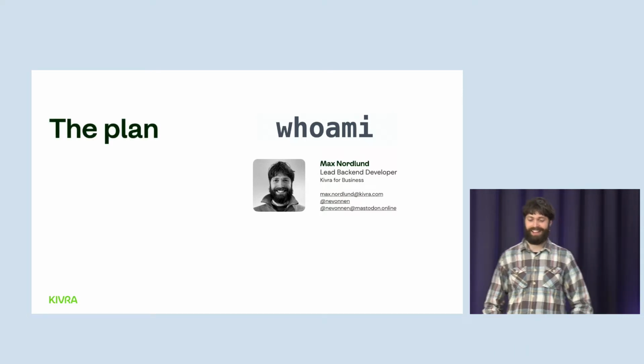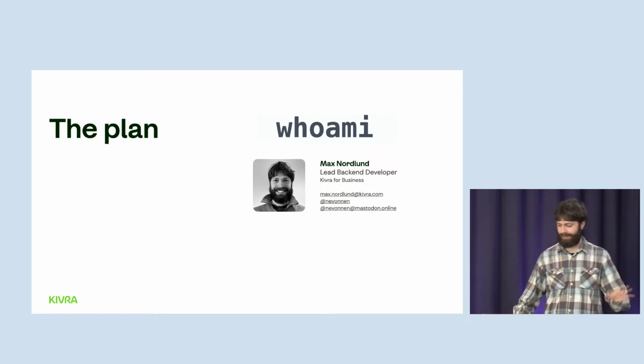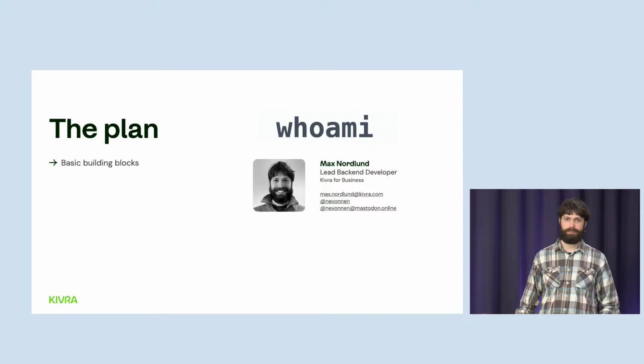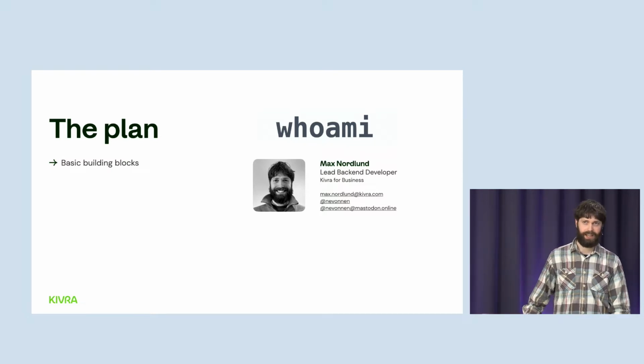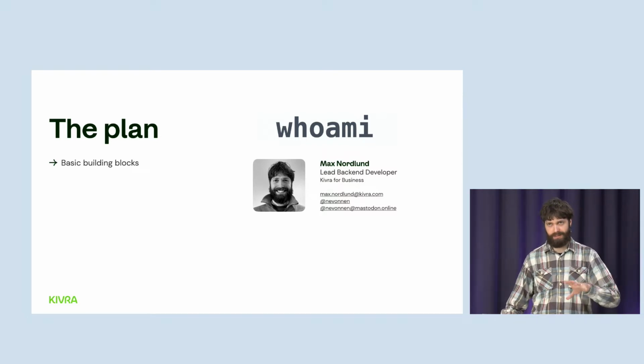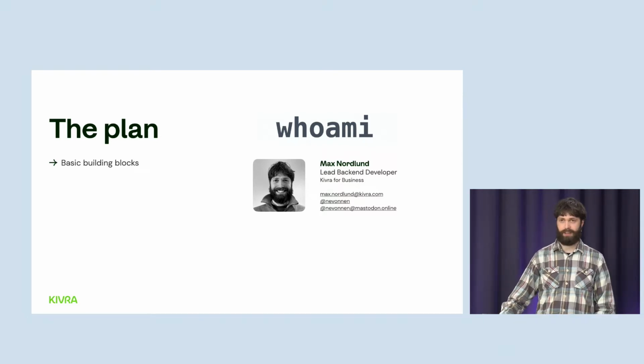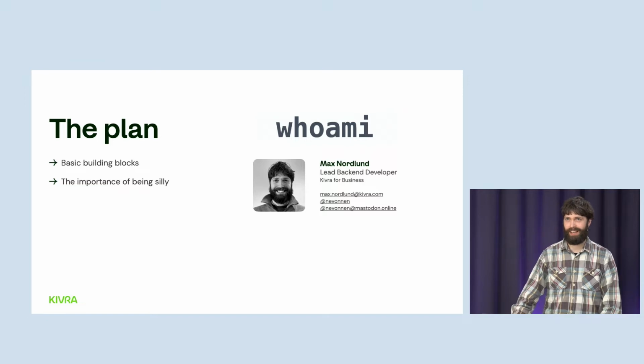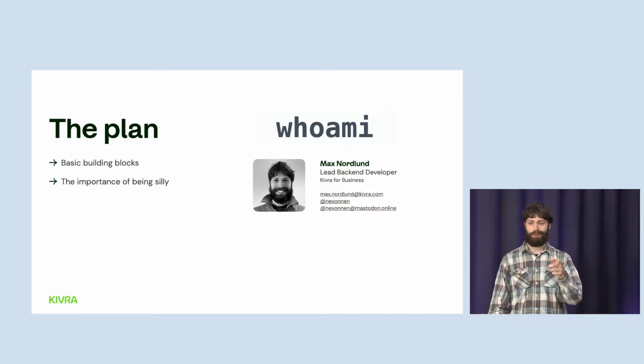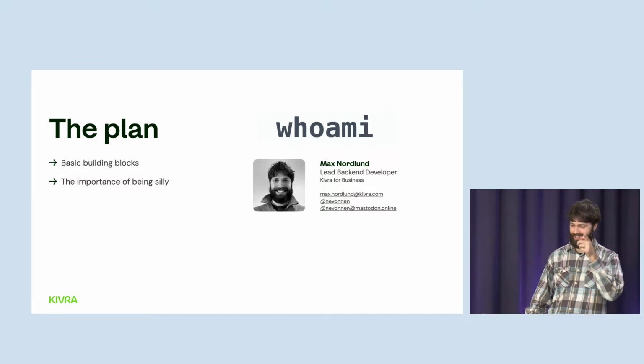Anyway, let's go to the plan. The plan for today, first we're going to talk about basic building blocks. And this is true for basically any presentation, really. But it's going to be tilted toward functional programming or technical presentations, I should say. The importance of being silly. And for those who actually know why I wrote it like this, props to you.